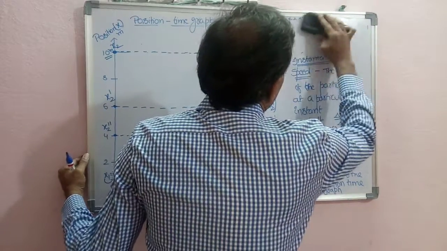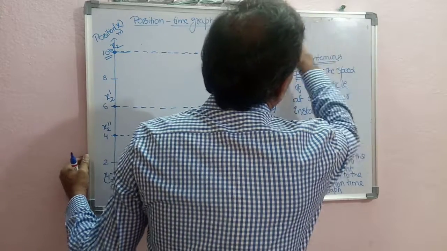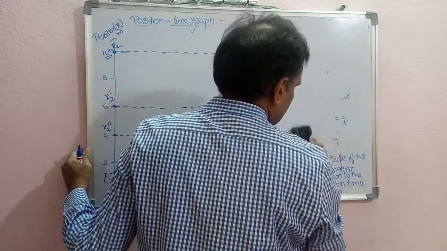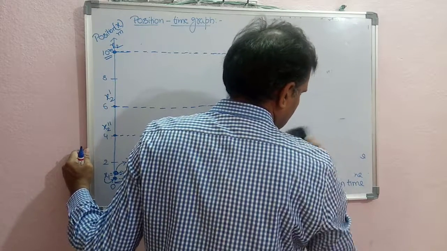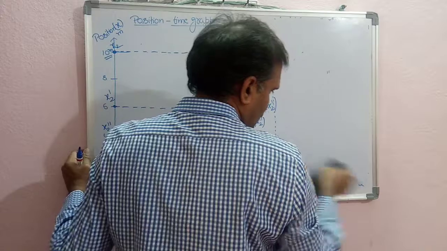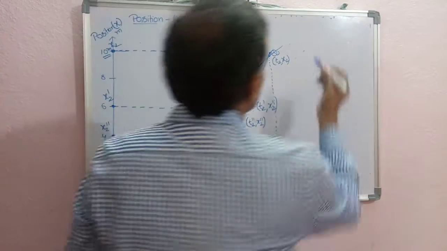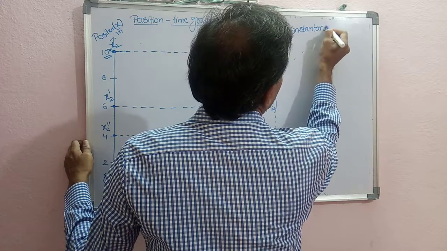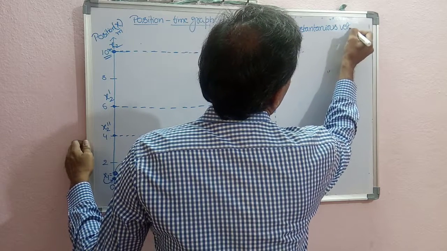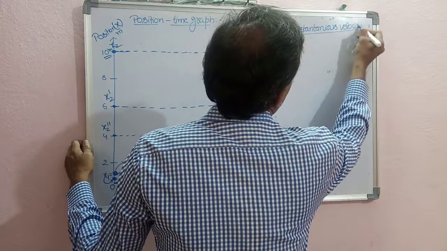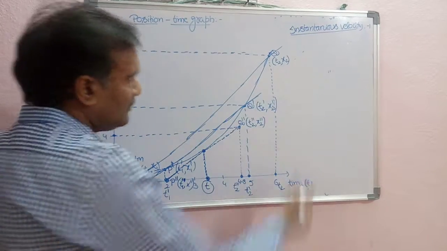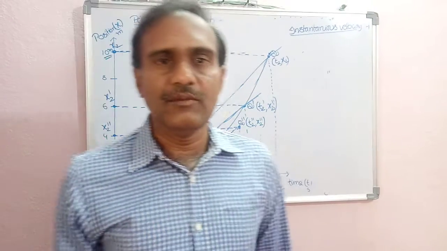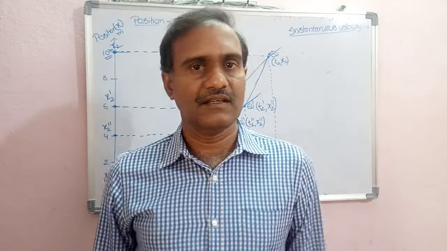Same. You can write it down in the same manner. Instantaneous velocity. Thus, velocity of a particle at a particular instant of time is called instantaneous velocity.